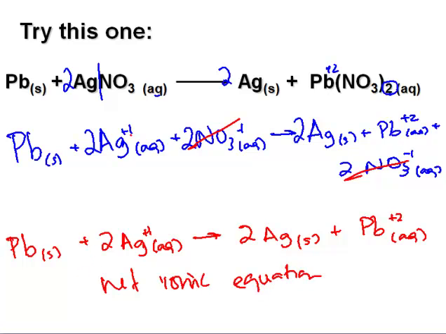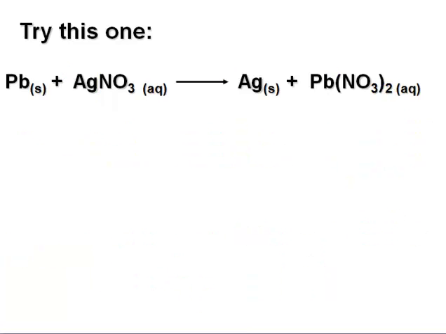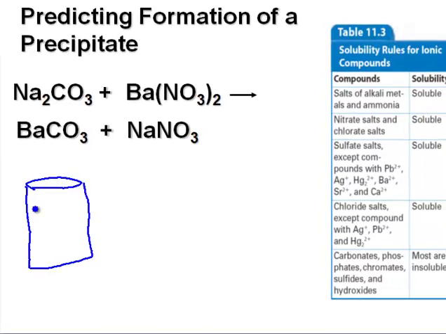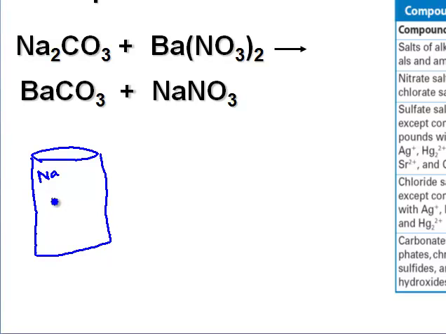Okay? Let's see. Now let's talk about solubilities. Let's try to predict if we can actually tell what's going to happen or not. Okay. When I look at this reaction here between sodium carbonate and barium nitrate, will an actual reaction occur? You guys gotta remember, when I put these into a beaker, here's one beaker with the sodium and the carbonates all floating around, minus 2, plus 1, Na plus 1.